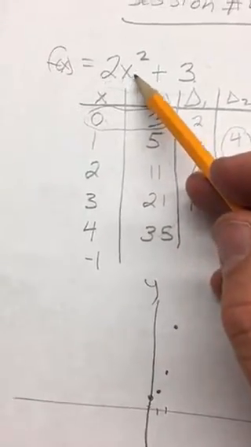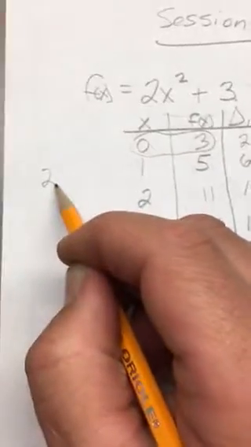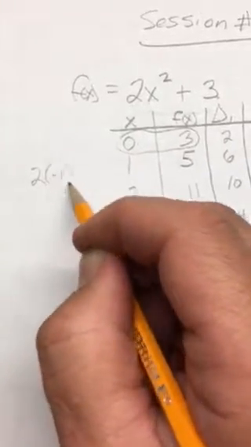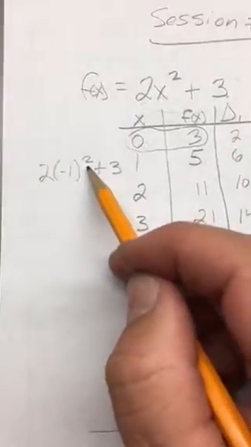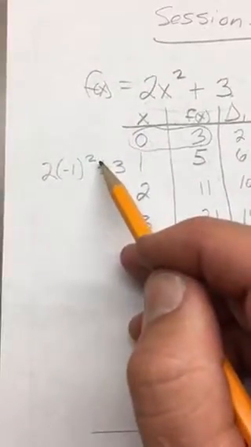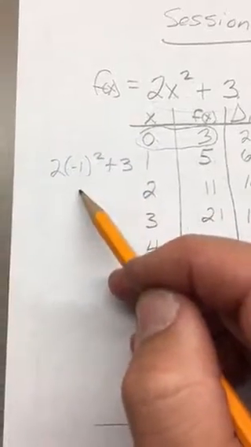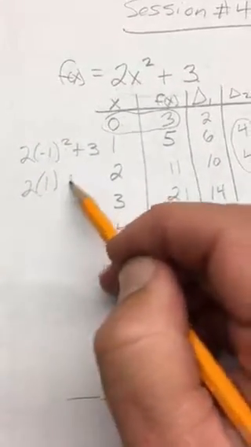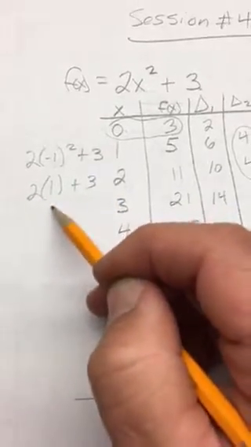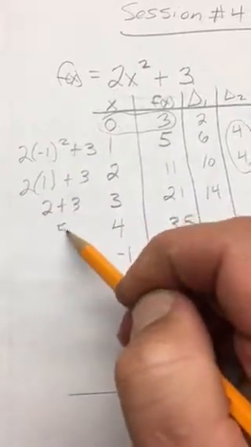If I put a negative 1 in for that x, this is 2 times negative 1 squared plus 3. Negative 1 squared is negative 1 times itself. Negative 1 times negative 1 is a positive 1. That's a positive 1 times 2 plus 3. 2 times 1 is 2, and 2 plus 3 is 5.